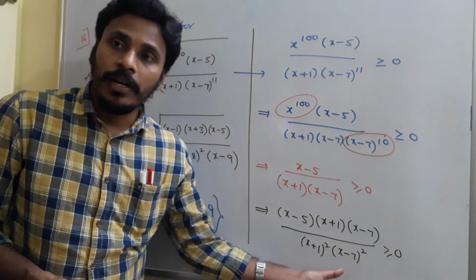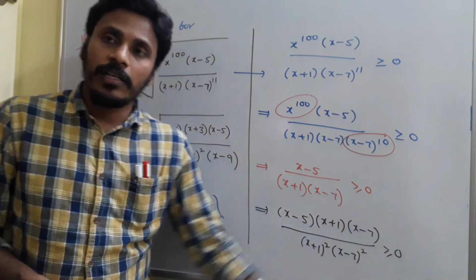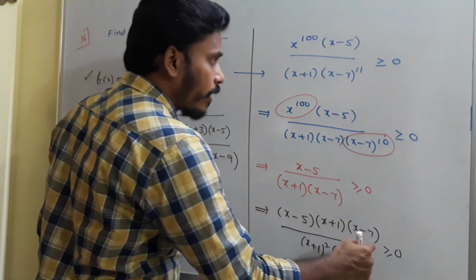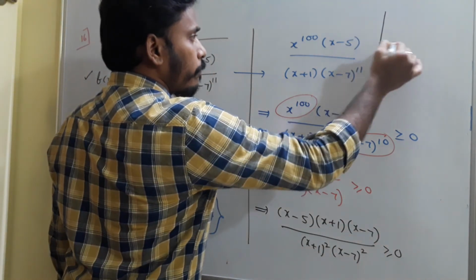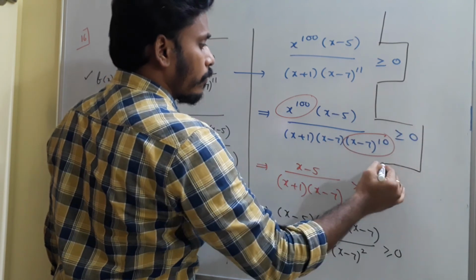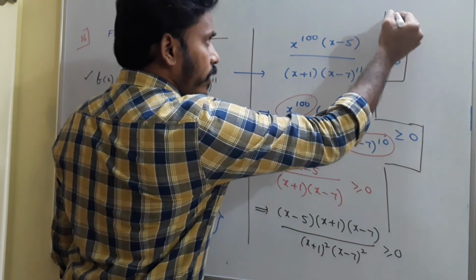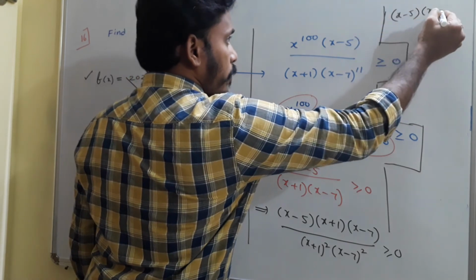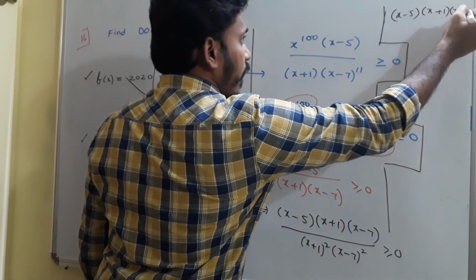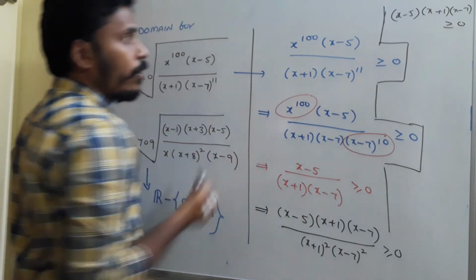Now since the denominator is positive, you just send it easily that side. Then you are left with this product as greater than or equal to 0. Okay. So at the end, what we have in our hands? x minus 5 into x plus 1 into x minus 7 is greater than or equal to 0.